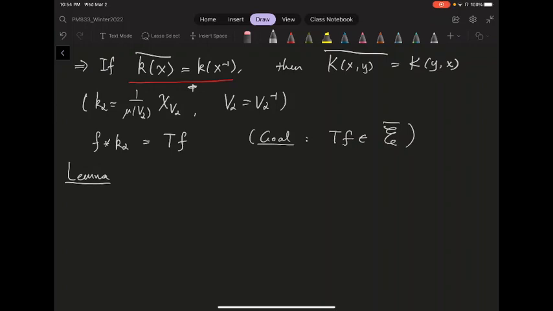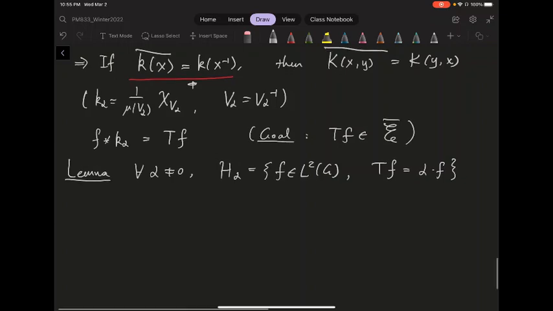So our first technical lemma: I want to show that the eigenspaces are actually just going to be inside the matrix coefficients. Okay, so for every alpha non-zero, let's consider the eigenspace H alpha to be all the f inside the L2 of G, so that, let's fix some K that's symmetric, and I define the integral operator to be this T, where TF equals alpha times F. So this H alpha is the eigenspace of alpha, and we know that all of these H alpha are going to be finite dimensional because of the compact operator.